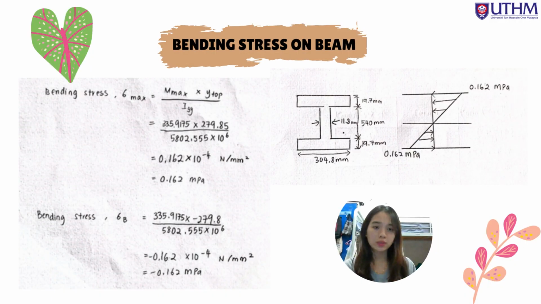For bending stress on the beam, we need to use the maximum moment times y top over the moment of inertia, which we get 0.162 megapascal. And for the bending stress at the bottom, we need to use the maximum moment times negative y top over the maximum value of moment of inertia, which we get negative 0.162 megapascal.